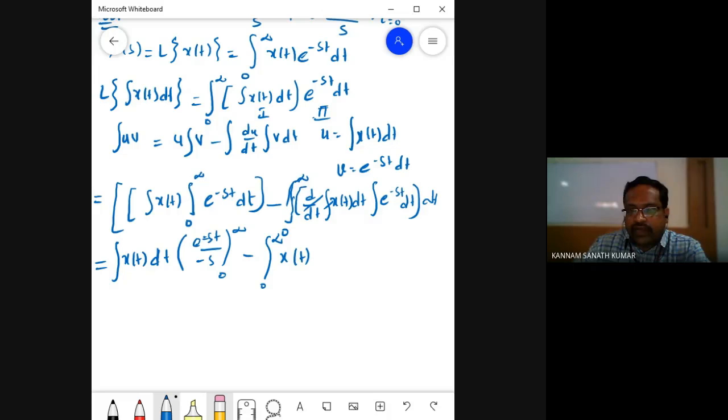Anyway the differentiation and integration both cancelled. So what is the integration of e power minus st? E power minus st divided by minus s into dt.